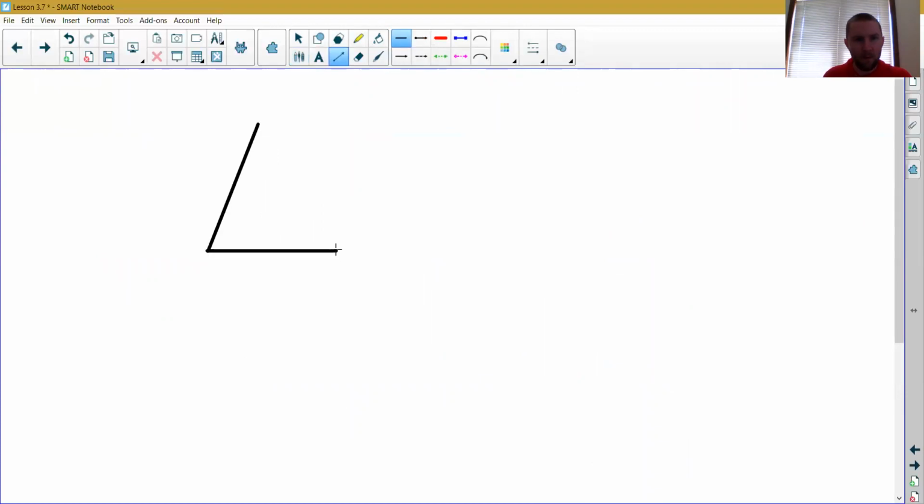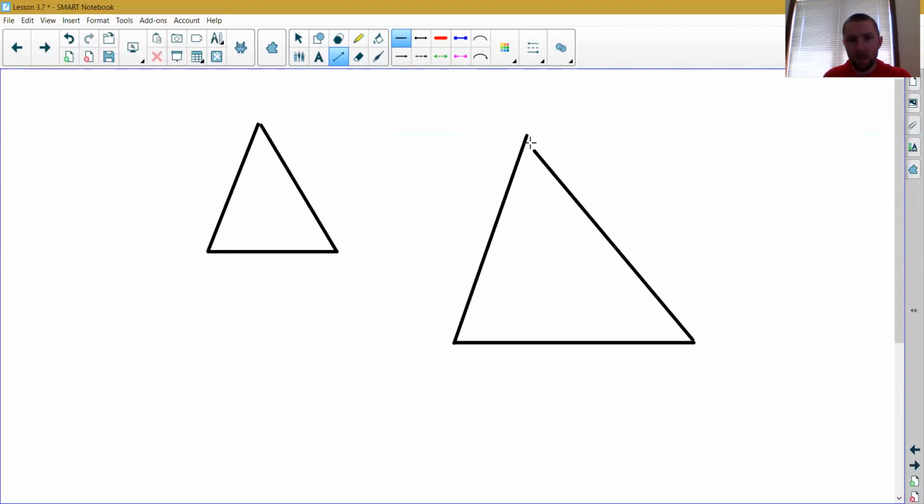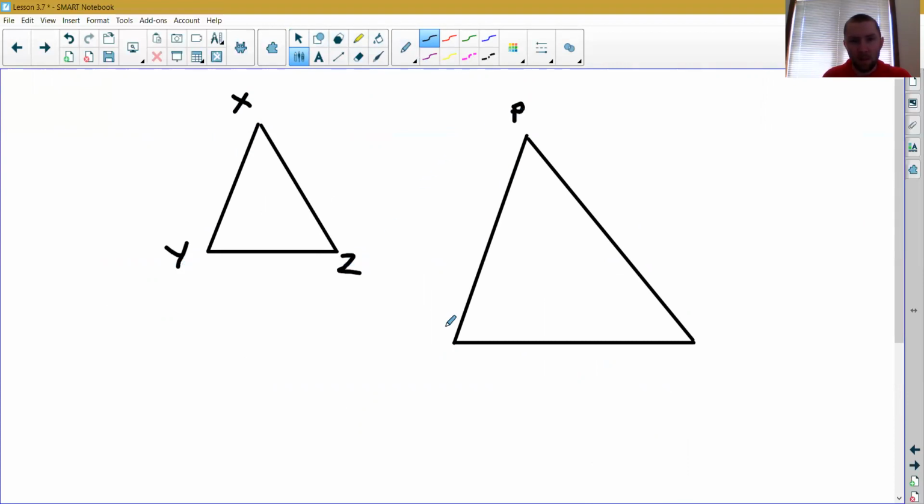If we have some similar triangles, okay, these two triangles are similar, and I'll call this one XYZ, and I'll call this one PQR.